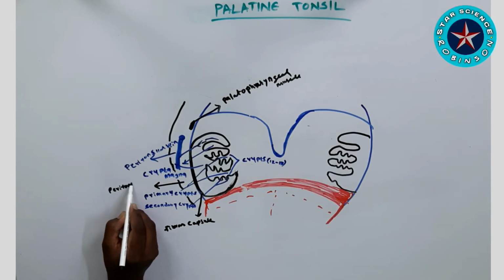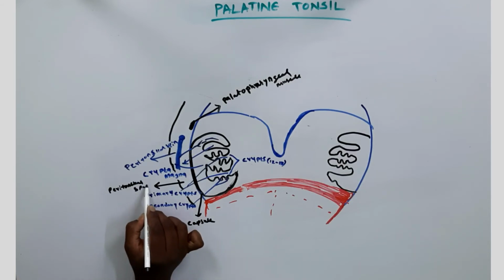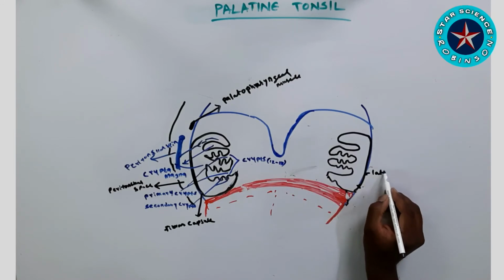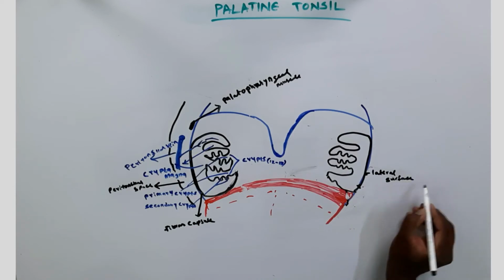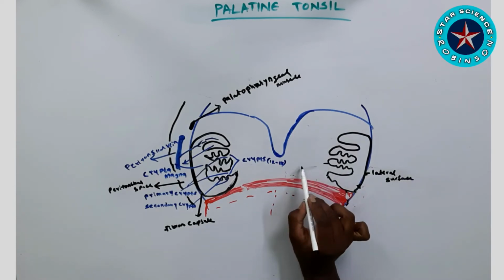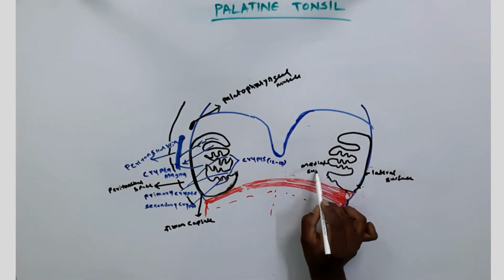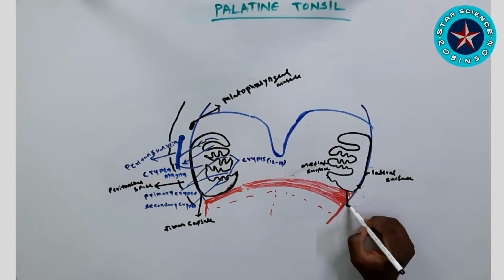Palatine tonsils contain two poles and two surfaces. The place where I am drawing in the diagram is called the lateral surface, and we have a medial surface, medially and laterally. We can see the two poles.